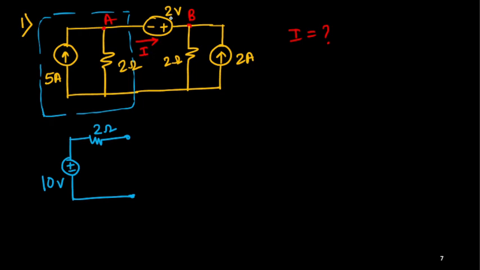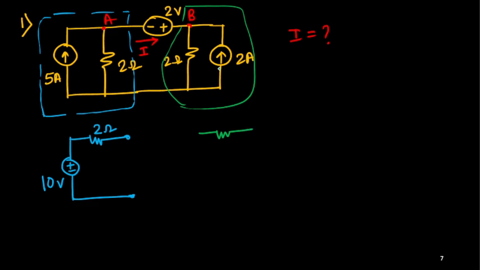Now simultaneously, I can convert this part by source conversion, because this is again one current source with a parallel resistance, that I can convert to a voltage source. So for this one I can write one series resistance and one voltage source.